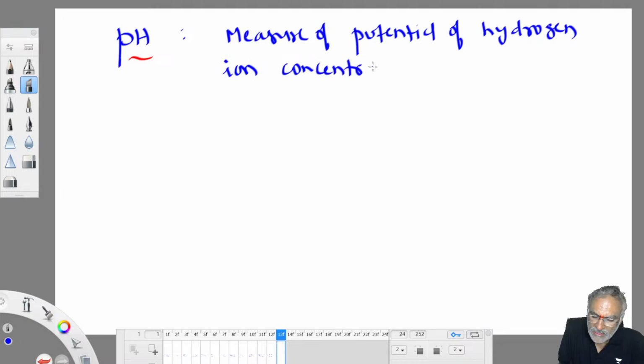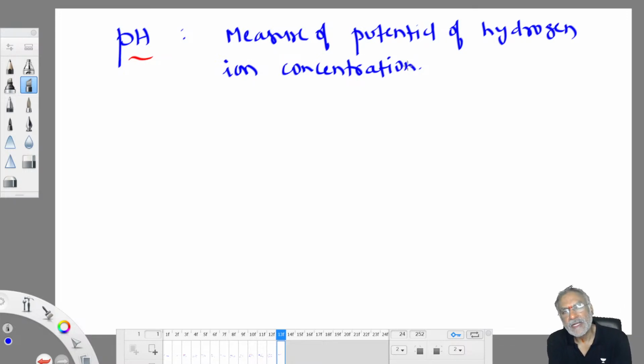Whenever substances dissolve in water, they give either positively charged hydrogen ions or negatively charged hydroxyl ions.